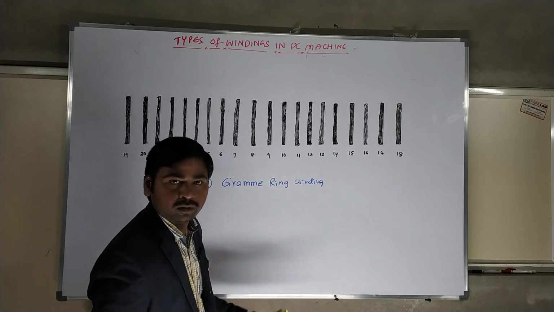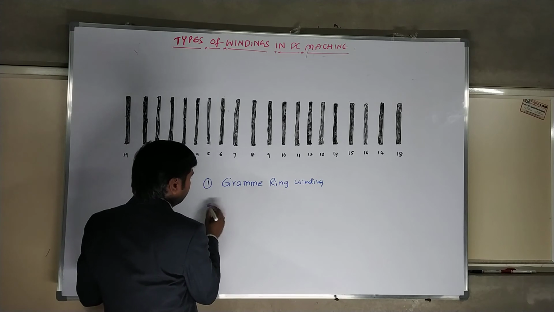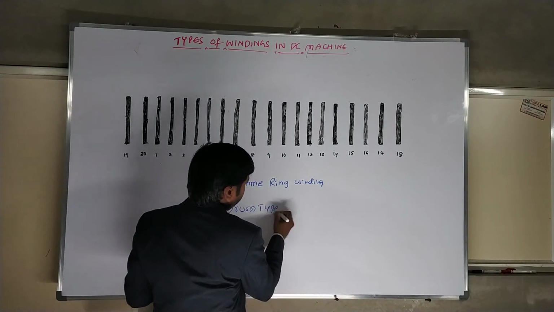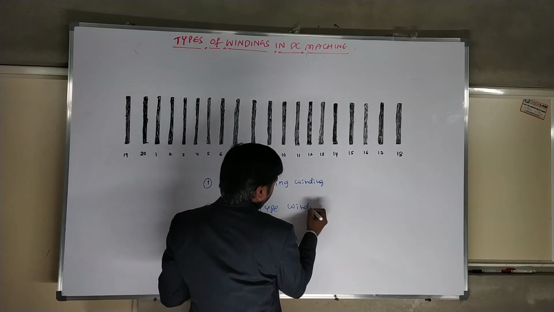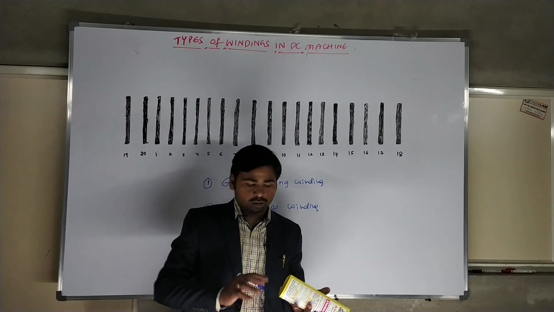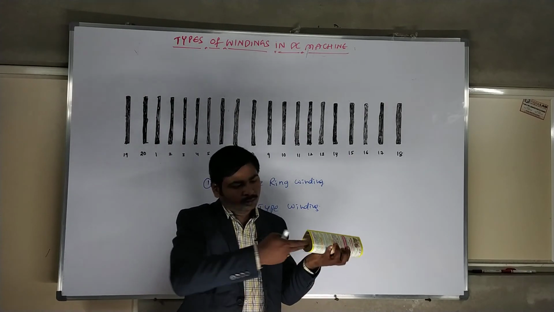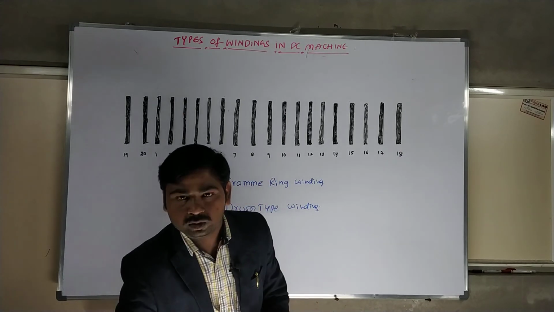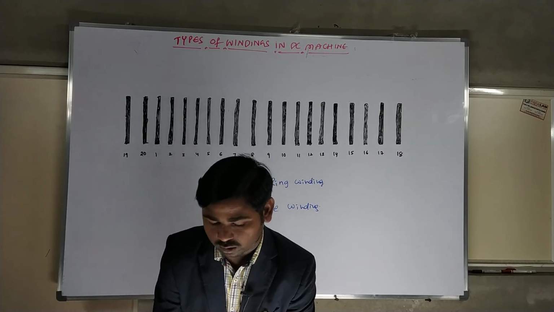The second type, which we have heard so many times, is the drum type winding. In a drum type winding, the slots should be only inside. The winding should be only inside, not outside. I can showcase the drum type winding to understand it very clearly.